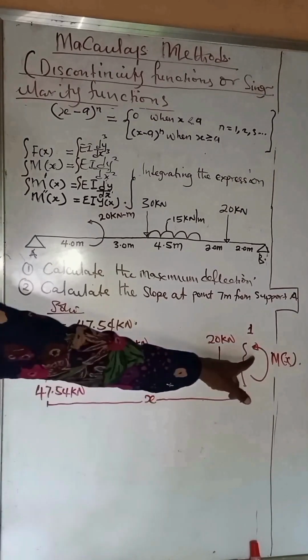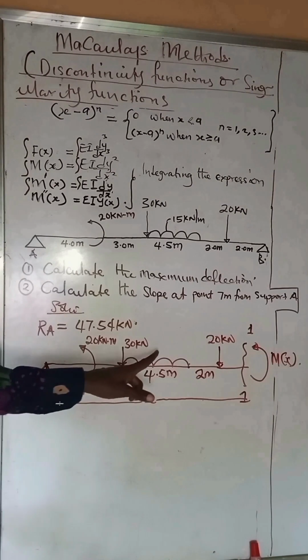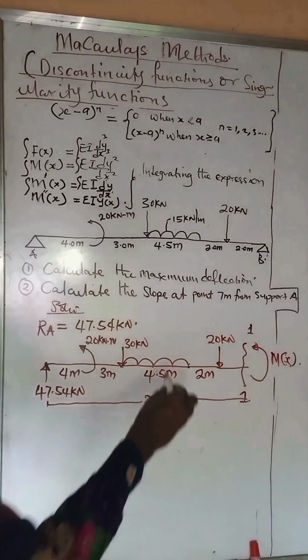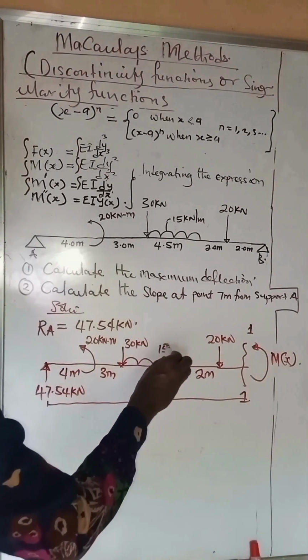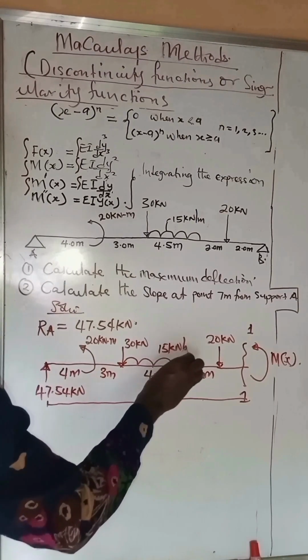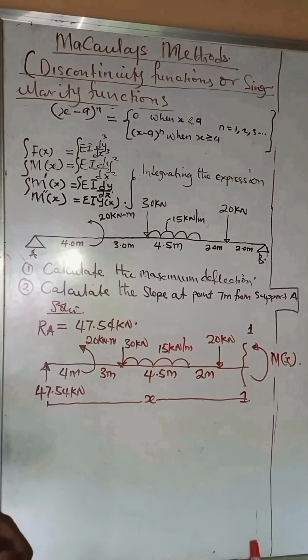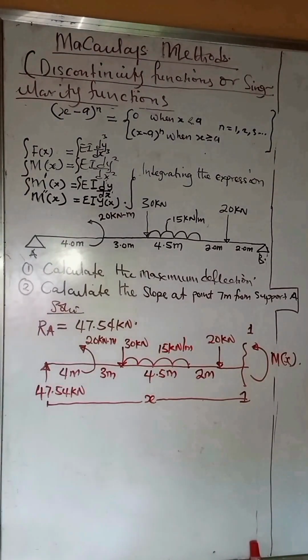Now let's look at this other side of it. We have a UDL of 15 kilonewton. Unlike what we did in our previous class when we wanted to get the moment expression, what you do in Macaulay's method is quite different.